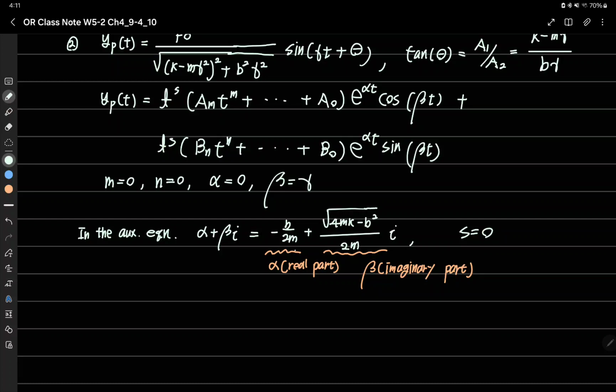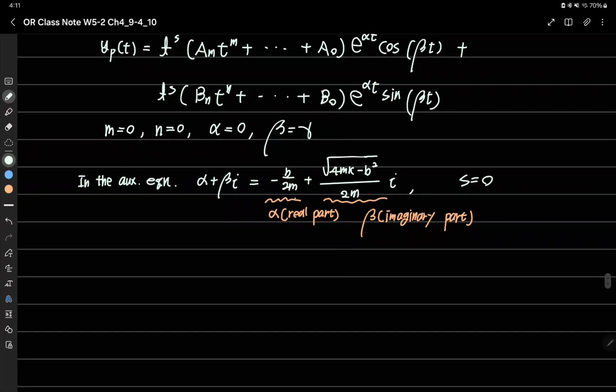Thus y sub p of t is equal to A1 cosine gamma t plus A2 sine gamma t. Here it should be B1, but let me just use A1, A2.